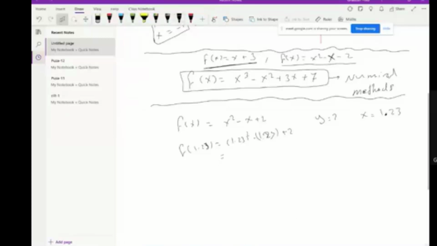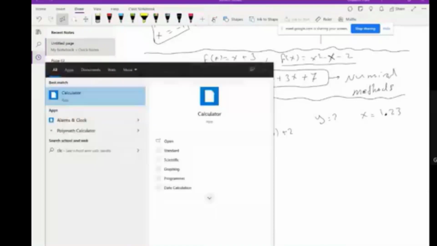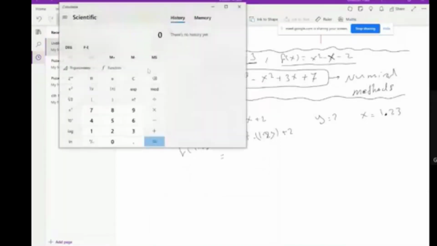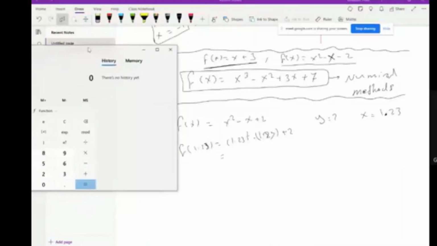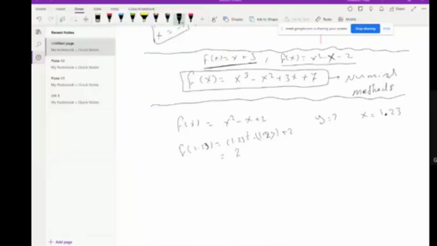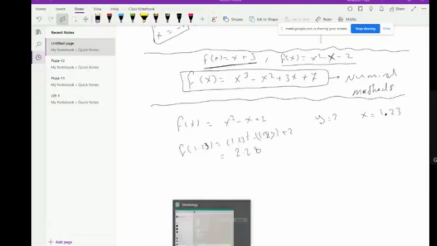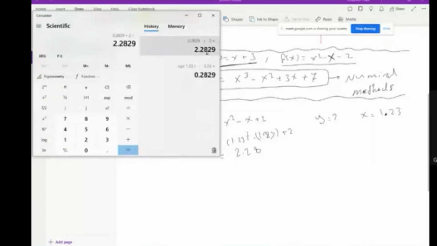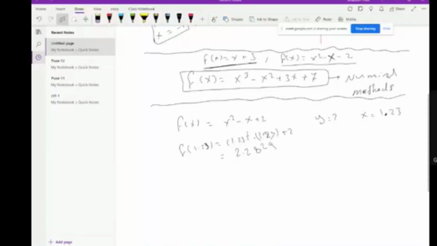Let's recalculate it. 1.23 squared minus 1.23 plus 2 equals 2.28.